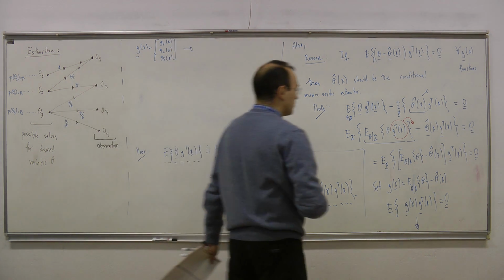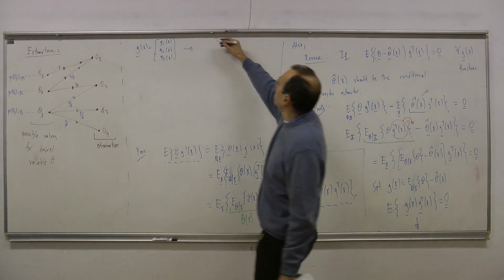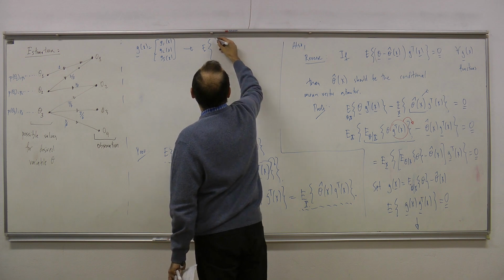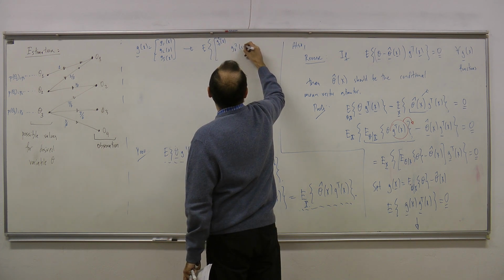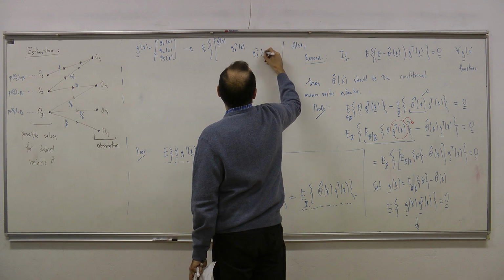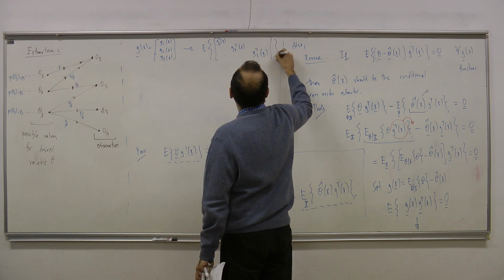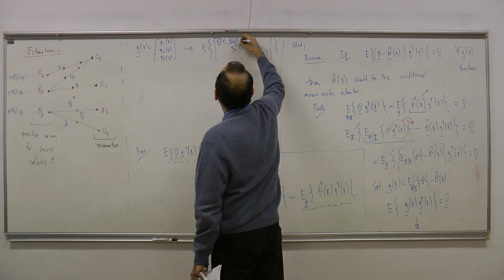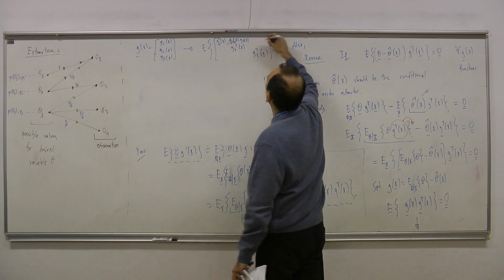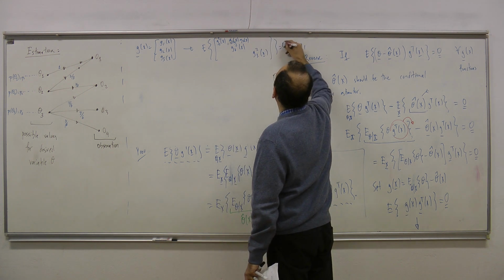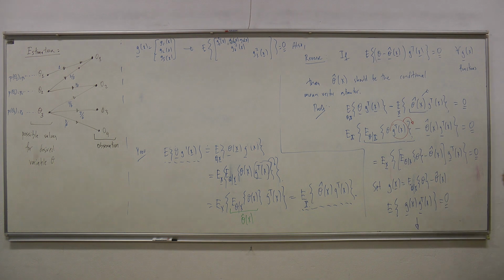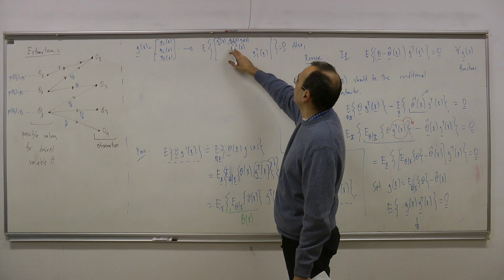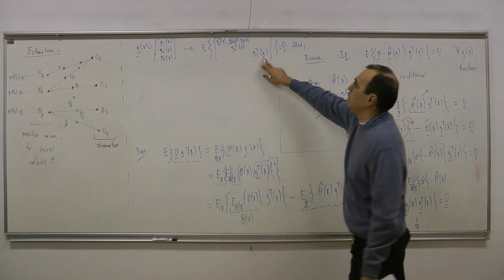Then this is equal to 0. That means the expected value of G1 of x squared, G2 of x squared, G3 of x squared, and of course I have the cross terms G1 G2 and so on, but all of them after expectation should be equal to 0. So this should be equal to 0, this should be equal to 0, this should be equal to 0.